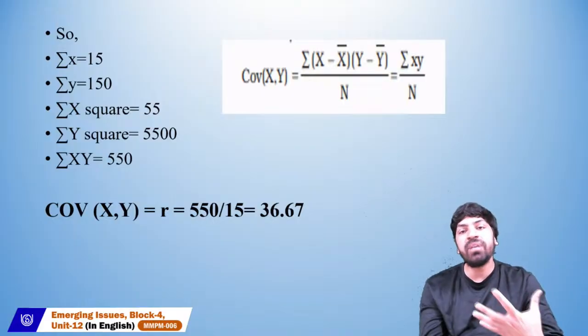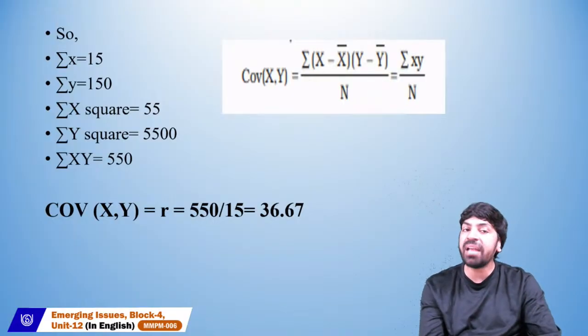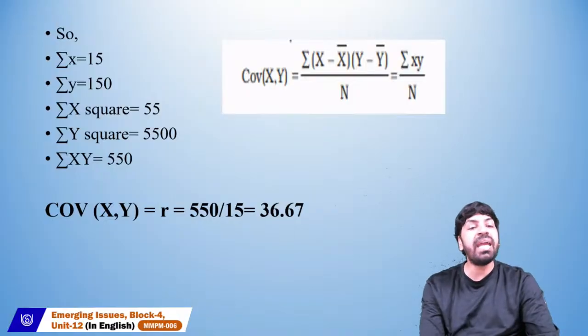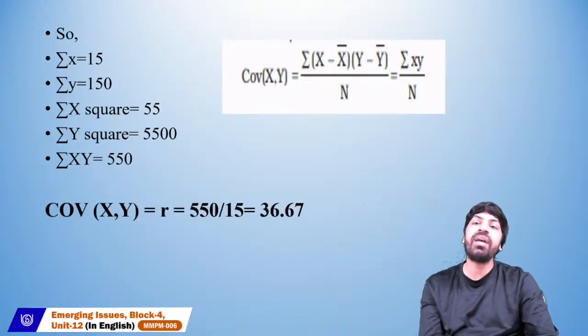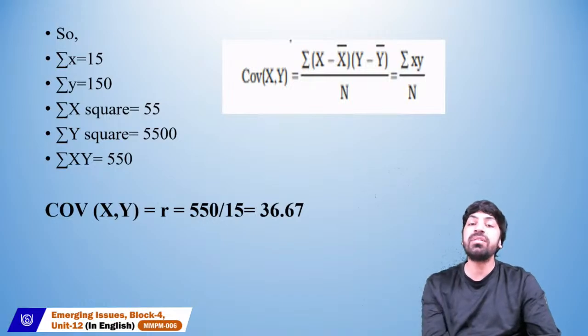Once we calculate, the x square total is 55, the y square total is 5500, and sigma xy, which I already told you, is 550. So we just put the values into the covariance formula, which is already shown on the screen.